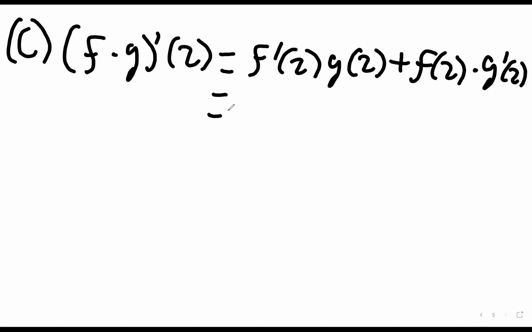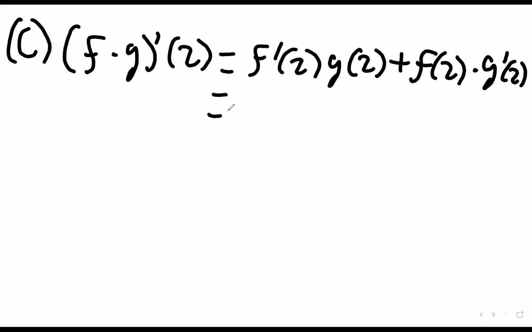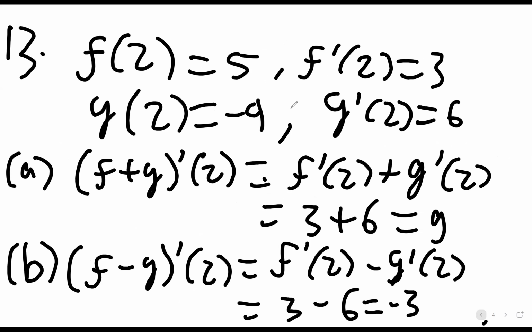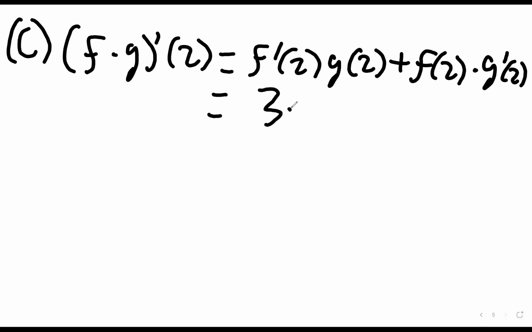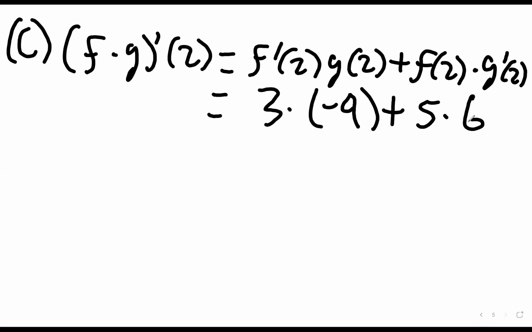So start with f prime of 2, which is 3, multiplied by g of 2, which is minus 4, plus f of 2, which is 5, multiplied by g prime of 2, which is 6. So I have minus 12 plus 30 is 18.